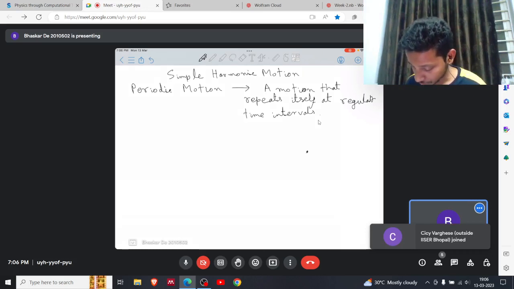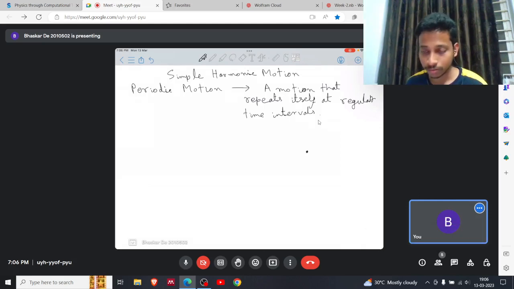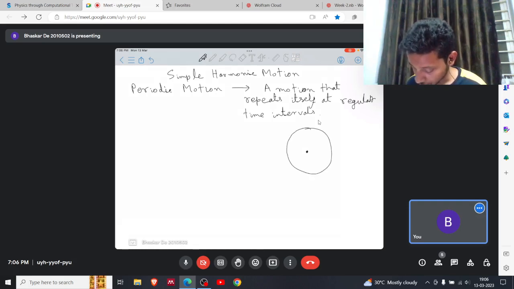So basically, if there is a wheel, then this point is rotating. After a certain time, this point will go through and then come here. So this is a periodic motion. This is an example of periodic motion.